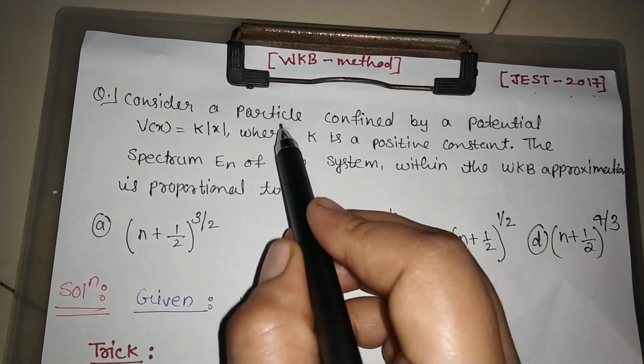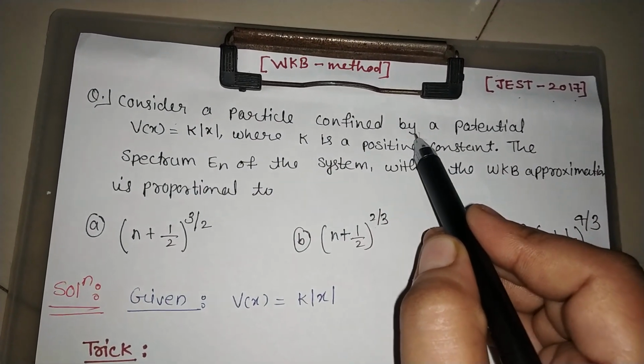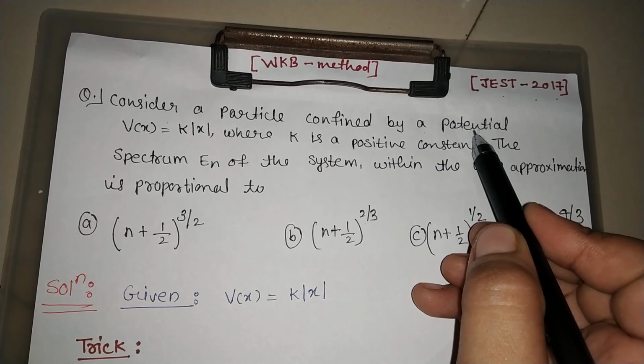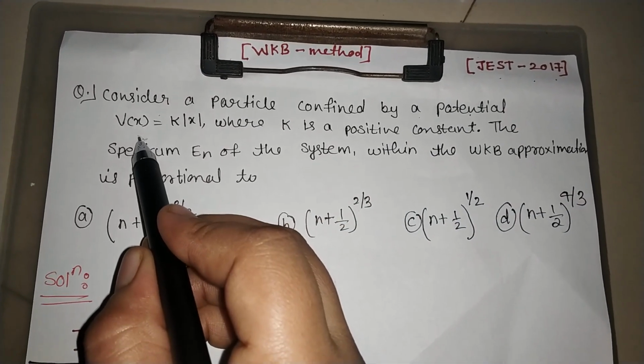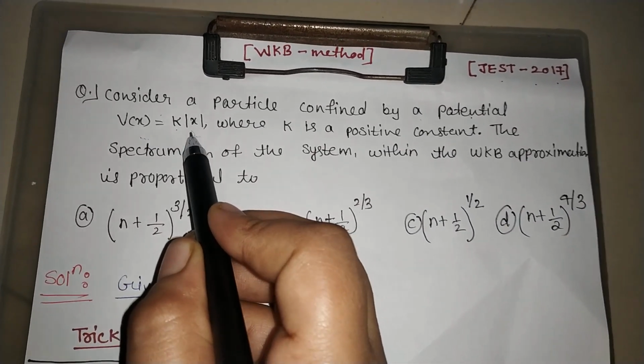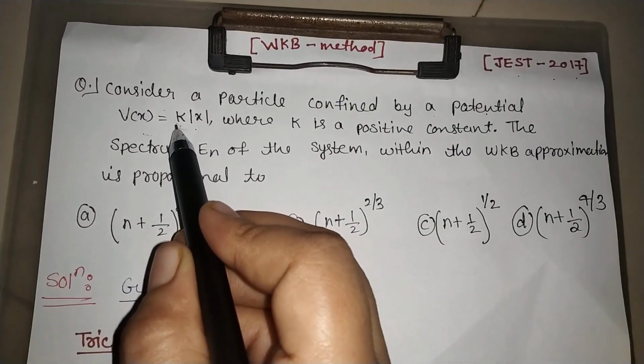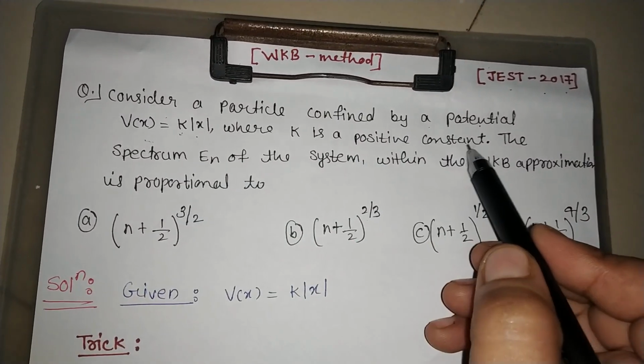Consider a particle confined by a potential V of x, which is given as k mod of x, where k is a positive constant.